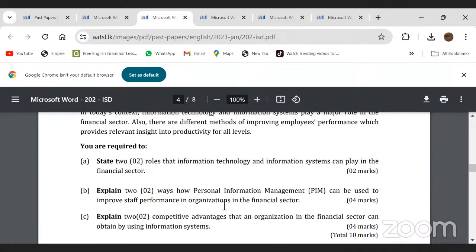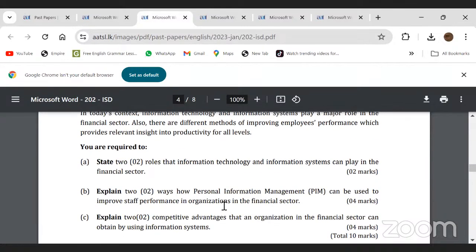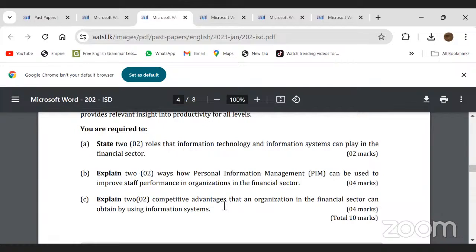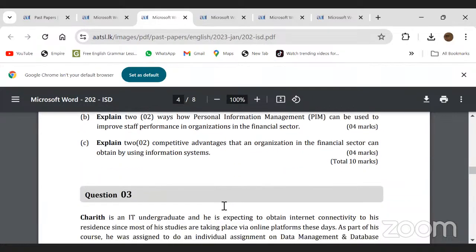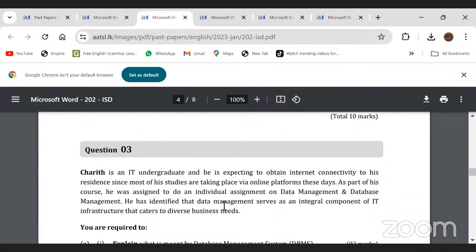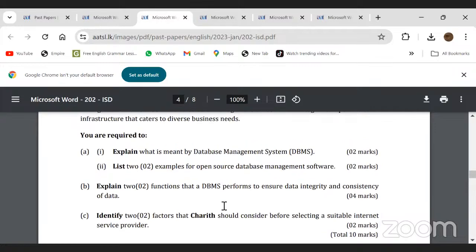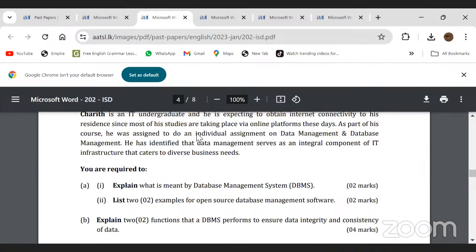State 2 roles that information technology and information systems can play in the financial sector. Explain 2 ways how personal information management, PIM. This is also the first section, first topic. Second goes to infrastructures, database management systems.